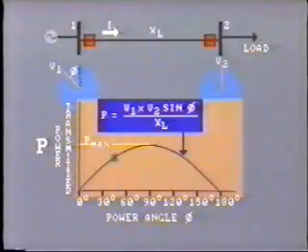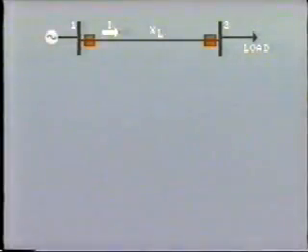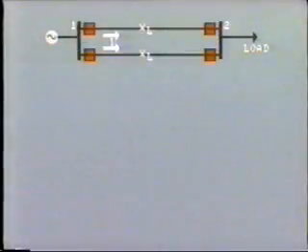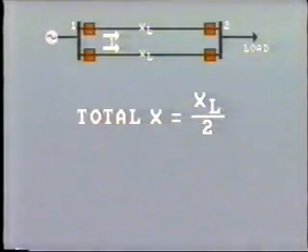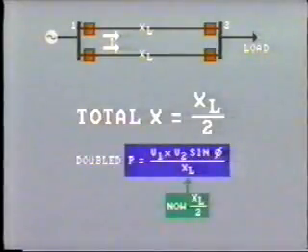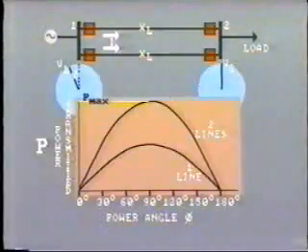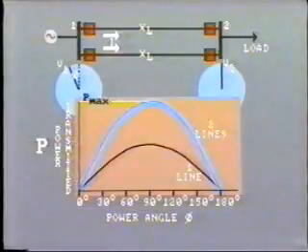What would be the situation if we had two identical transmission lines connected between the same buses instead of one? Now, the reactance between each end of the line is divided by 2. And therefore the transfer capability has been doubled for each particular angle of displacement. A new power angle curve can be drawn to represent this condition.